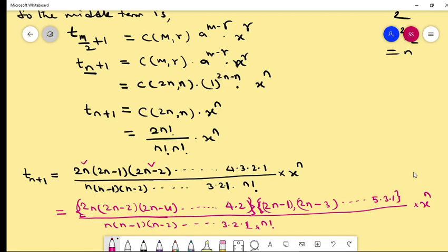From here also you can take 2, and from here also 2, and from here remains 2, and there also 2, if I have taken 2 common.